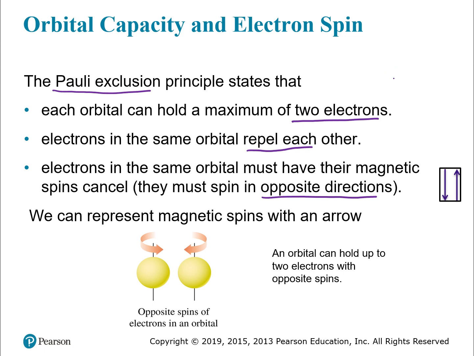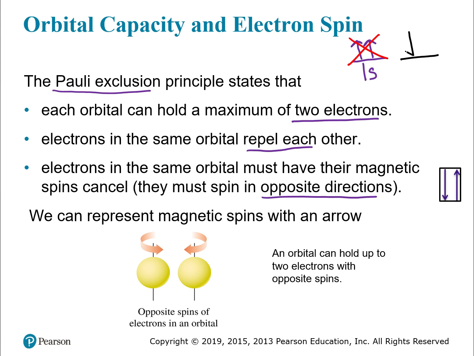So what that means is that if I have a 1s orbital and I want to have 2 electrons in it, and I'm using the arrow to show which way they are spinning, I can't put 2 electrons with the same spin. They're both spinning in the same direction. They're going to hate each other. Can't do it.